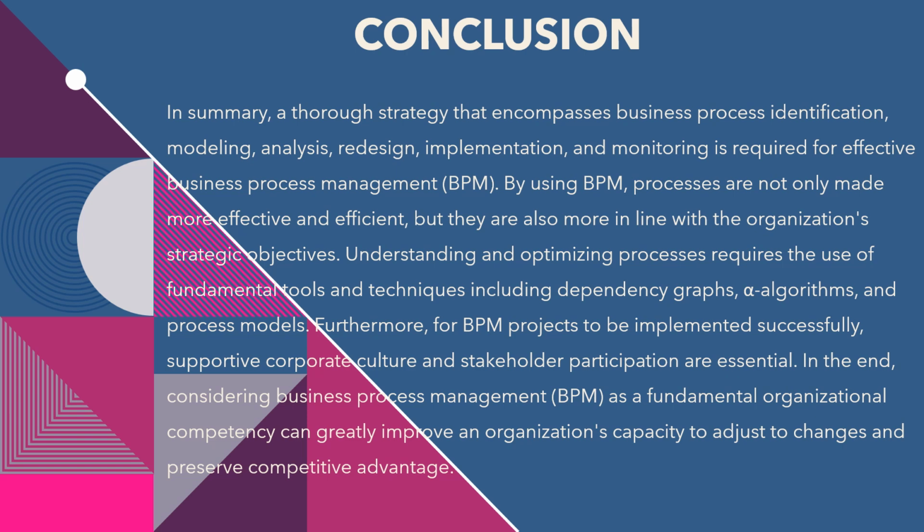There are key tools and techniques such as dependency graphs, algorithms, and process models, which are essential for understanding and optimizing processes. A successful BPM project requires a supportive corporate culture and stakeholder participation. And ultimately, treating BPM as a fundamental organizational competency can significantly enhance an organization's ability to adapt to changes and maintain a competitive advantage.